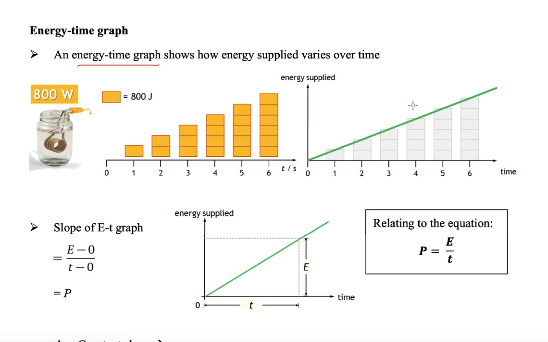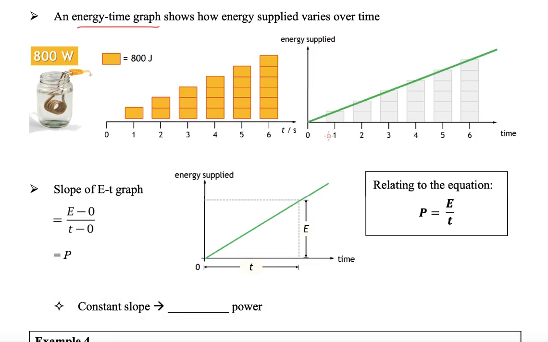So it's a straight line because the value for energy over time is constant, it is 800. So it's a straight line. It would not go changing or become a curve because it's always the same. Always the value of energy over time is always 800.